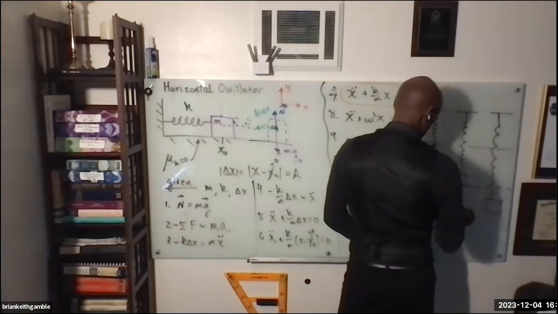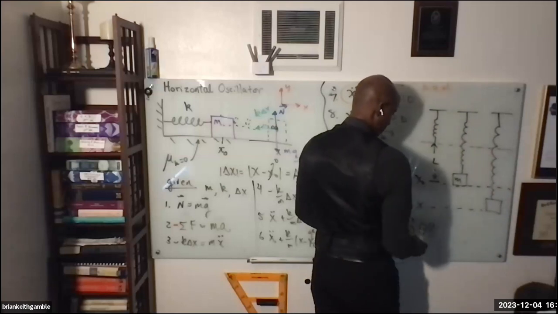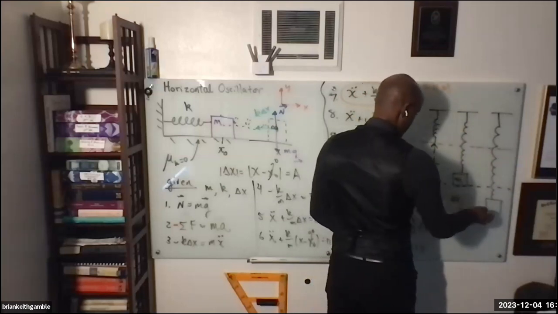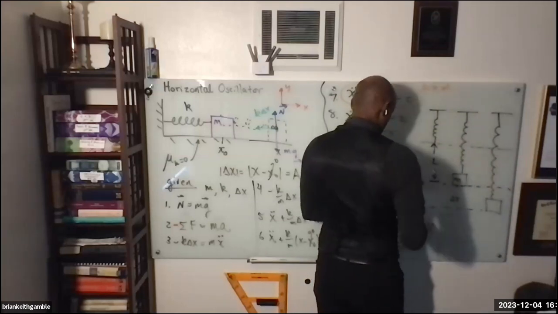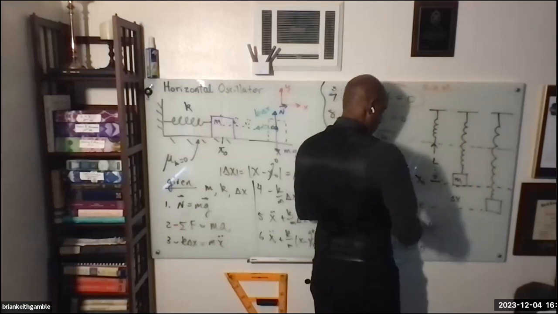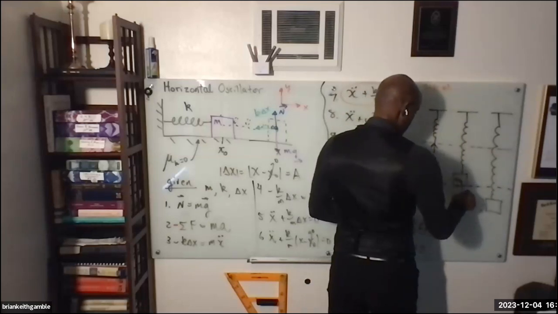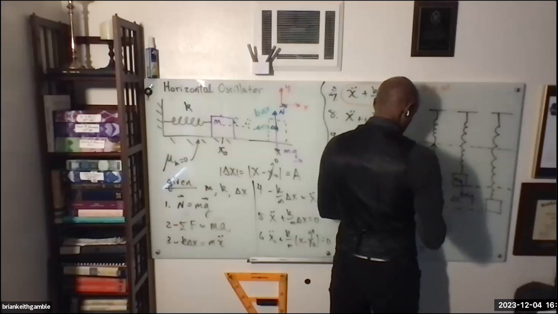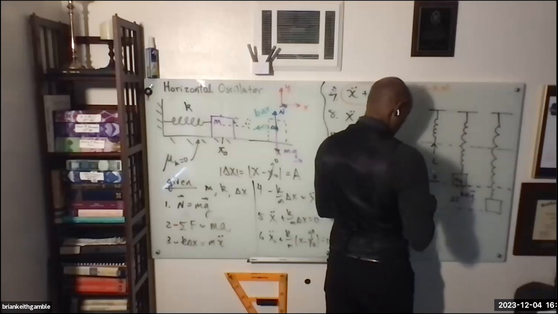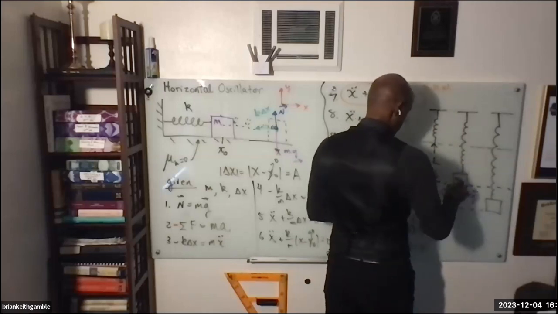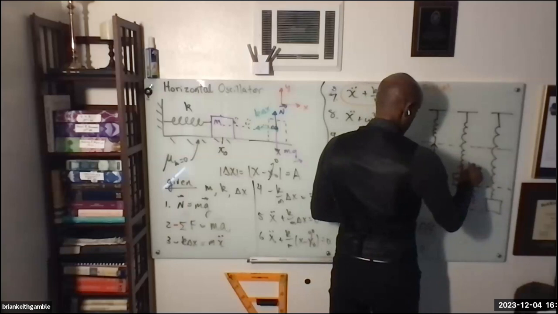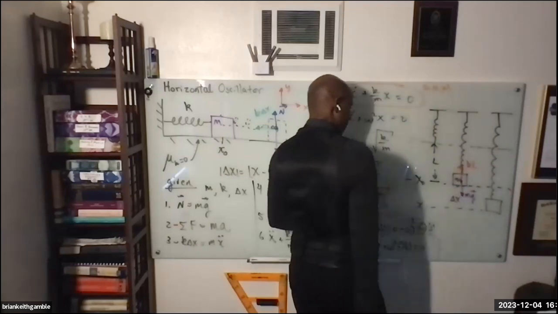So this becomes x, and this is delta x, and it goes back and forth. At this point, this is mg, that's down, and the force up is kL, the spring force, and that's equilibrium.